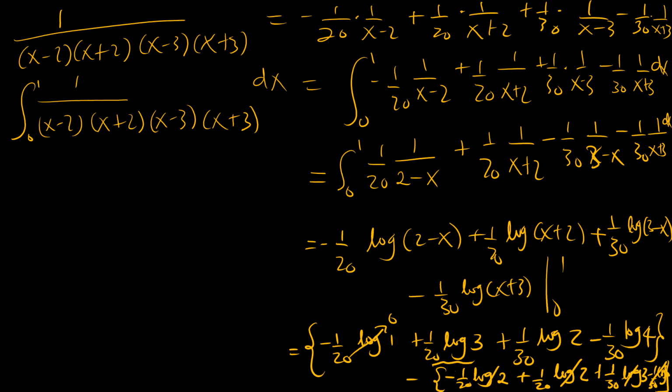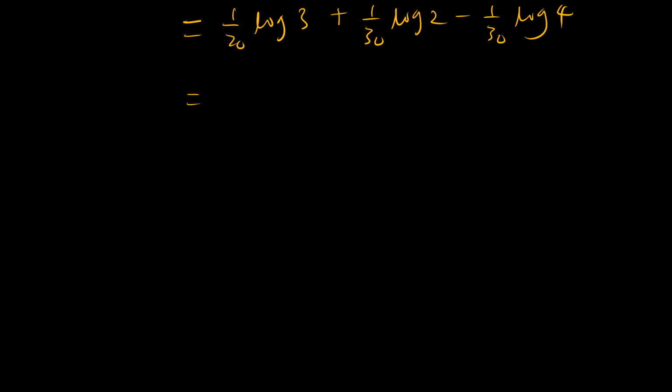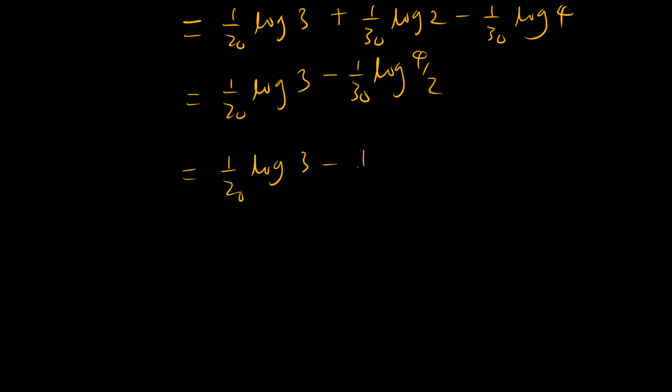So let's simplify that. We now say that our integral is 1 over 20 times log 3 plus 1 over 30 log 2 minus 1 over 30 log 4, which equals 1 over 20 log 3 minus 1 over 30 log 4 over 2, which is 1 over 20 log 3 minus 1 over 30 log 2, right?